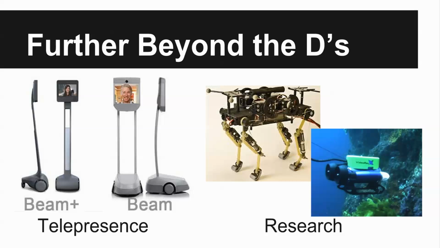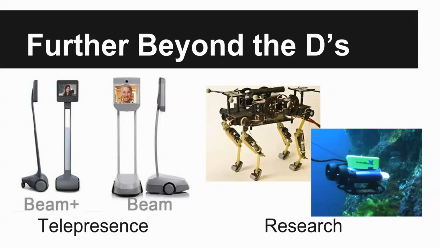Now, going even further beyond the Ds, there's new robotic systems that have to do with telepresence. The telepresence basically allows you to be in one location and be engaged and interact as almost a unique individual in another location.